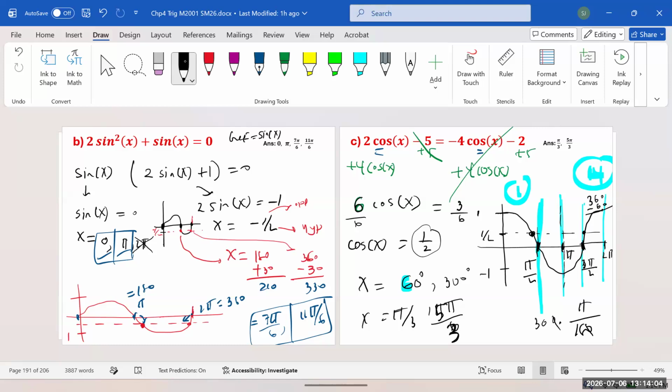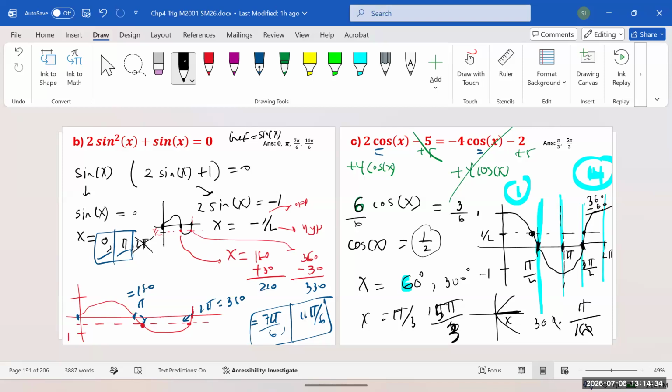Look at the positive x-axis. No, 2 has negative x-axis. 3 has negative x-axis. Look at your axis. This is positive x, right? So which two quadrants have positive x? 1 and 4th. So you have two solutions. One is on the first quadrant, one is on the fourth quadrant.